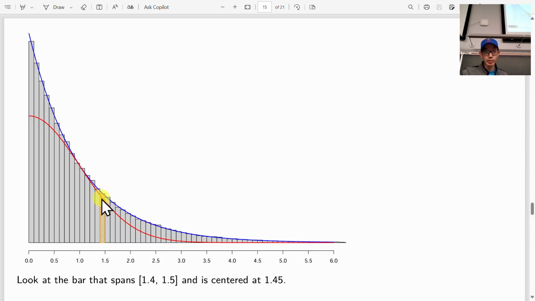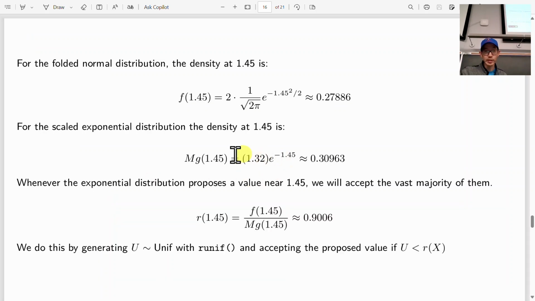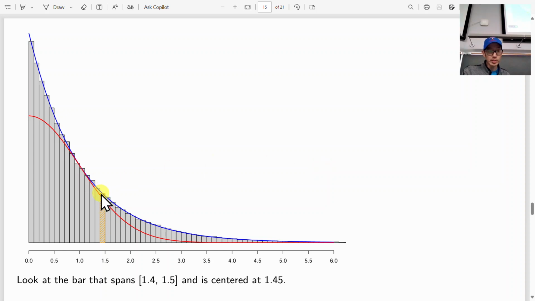That's the height of the red bar, whereas the height of the m times g is around 0.31. So the blue line is a little bit taller than the red line, but only a little bit. The red line is around 90% the height of the blue line, so we want to accept around 90% of the values that get proposed here.